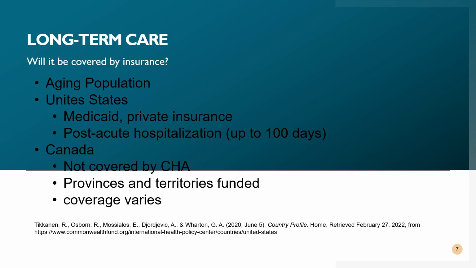In Canada, long-term care in a non-hospital facility is not covered under the provisions set by the Canada Health Act. Therefore, it is not covered by the federal universal health insurance system. However, provinces and territories governments fund these services through general taxation, which means coverage differs across jurisdictions.